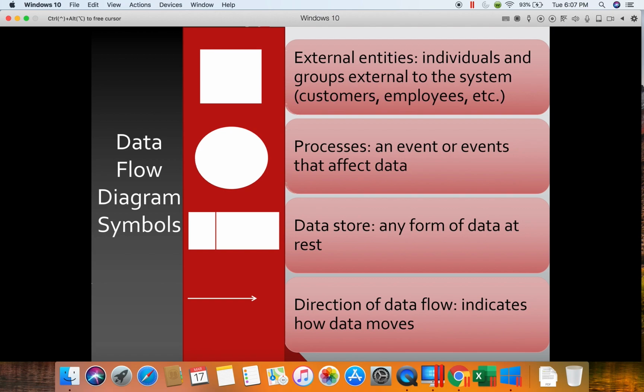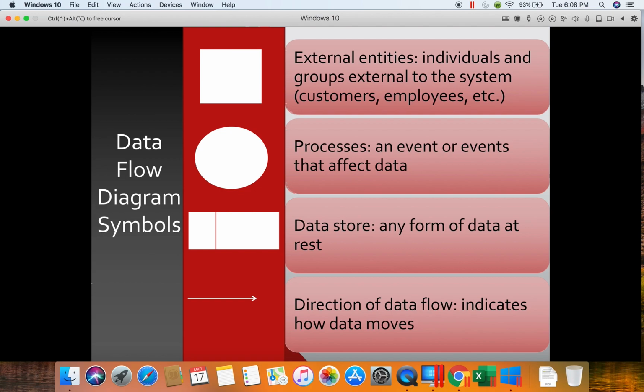So we can use data flow diagrams to describe systems even if they are not computer-based. So if we're trying to take a manual process and turn that into a computerized system, we could draw out the data flow diagram that describes the way the system currently is, and then look for places that we could use computers to automate these processes.